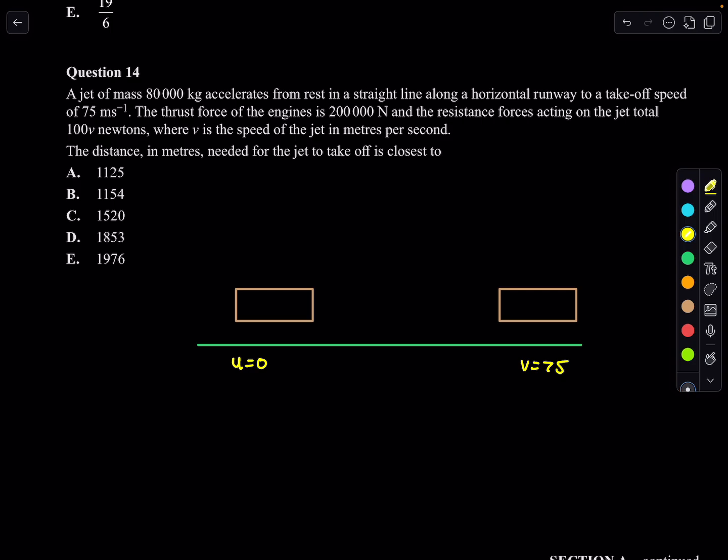It has a thrust force of 200,000, and the resistance force is 100v. What we're trying to find is the distance.